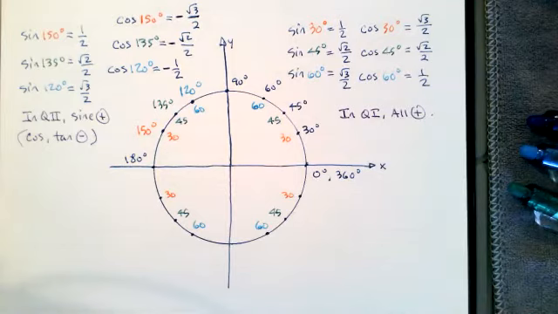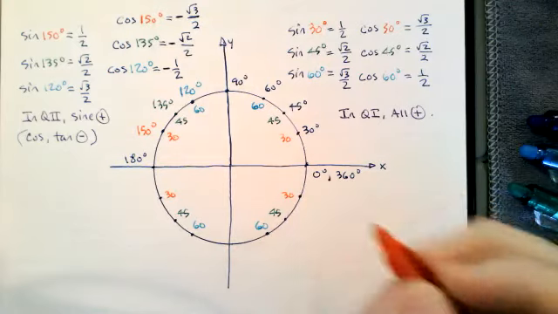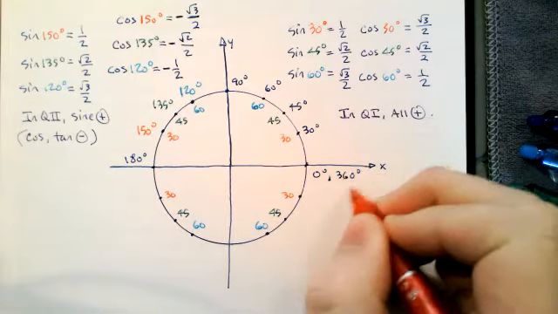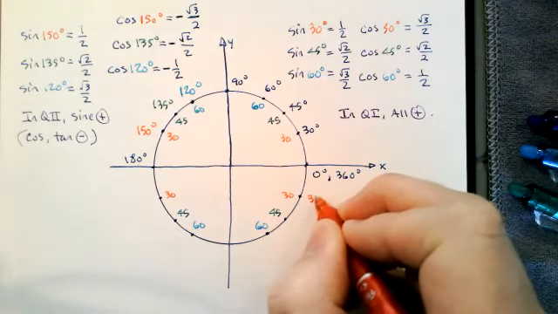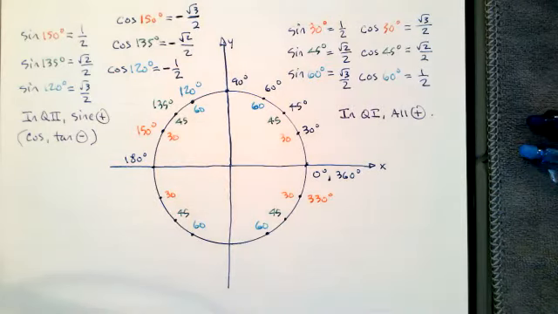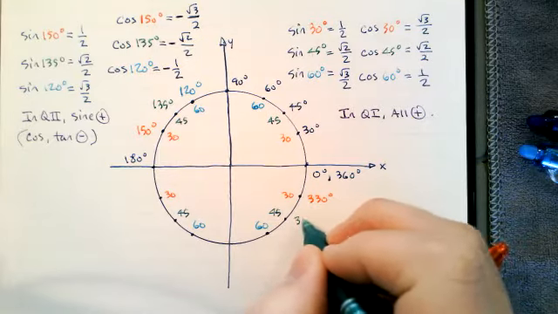And this is why we only need to worry about between 0 and 360, because anything past 360 is in the same location as something that's between 0 and 360. But we want to figure out what angles in the fourth quadrant we're going to have. So a 30-degree reference angle is, let's see, 30 degrees before 360, which is 330. A 45-degree reference angle in the fourth quadrant is a 315-degree angle.